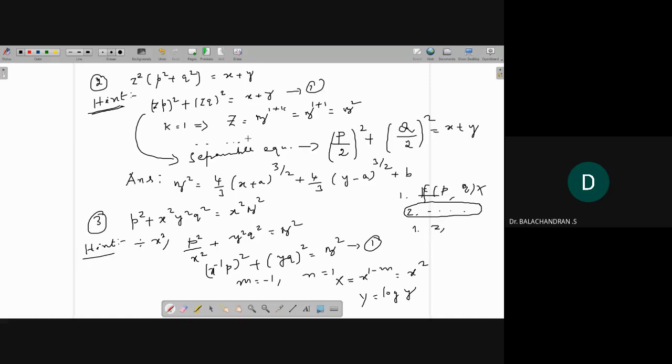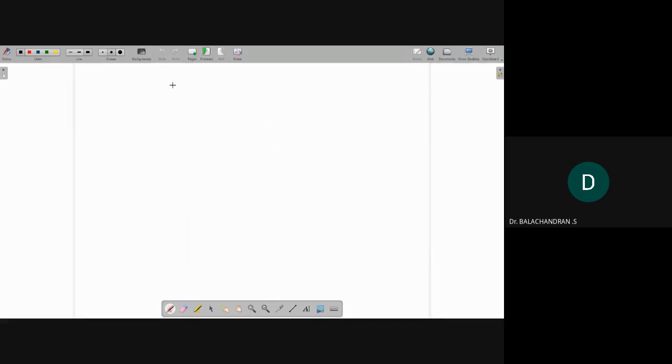After finding the partial derivatives, you will get this form: 2 capital P square plus capital Q square equal to Z square. This is equation 2.